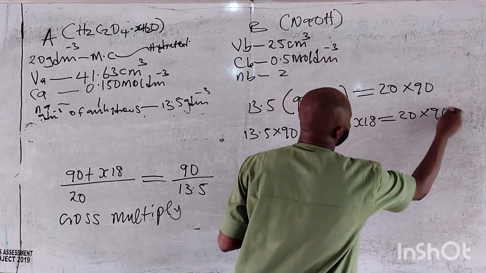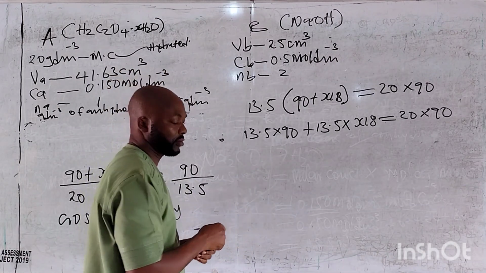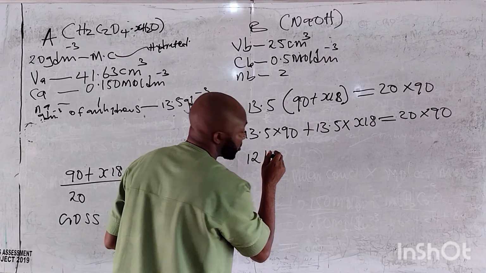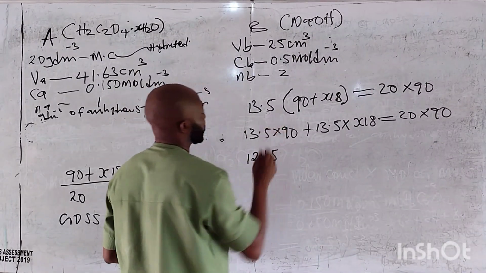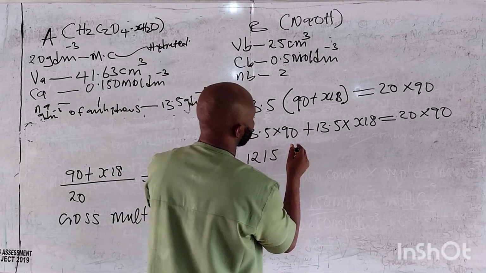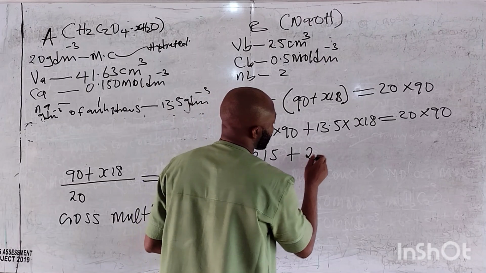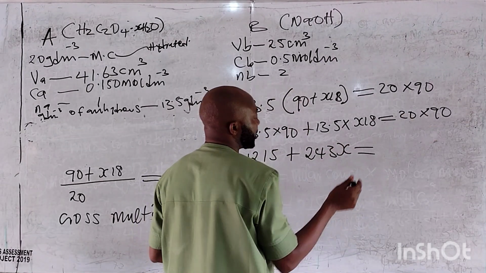Now 13.5 times 90 is 1215, plus 13.5 times 18 gives 243X, equals 20 times 90.